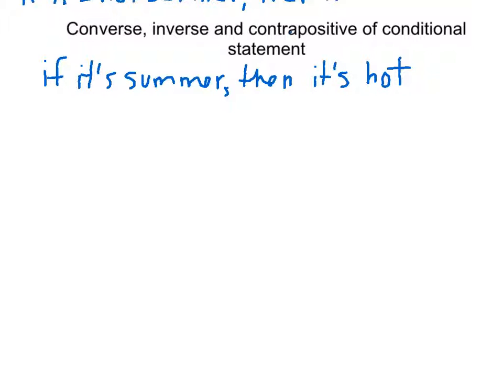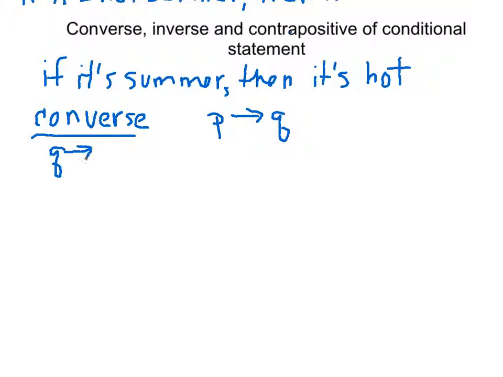Okay, for the converse, this is the part that even if you're a minimalist note taker, this is the part you want to write. For the converse, if you're given a statement that if P then Q, the converse is going to have you switch it around. So the converse turns it around and says if Q then P. So for our statement if it's summer then it's hot, our converse would be if it's hot then it's summer.